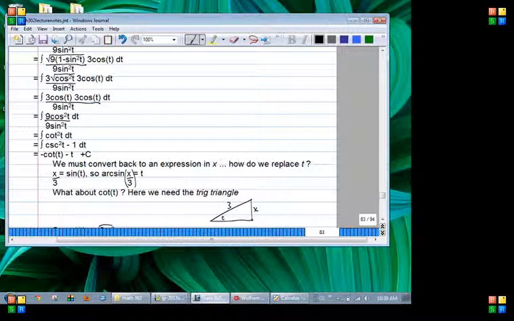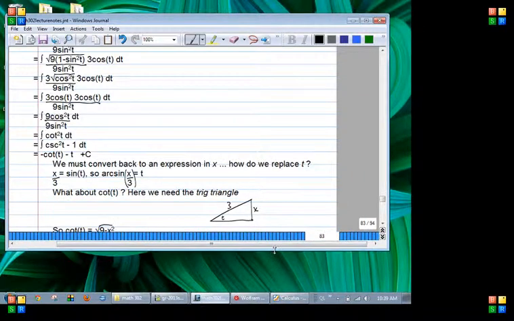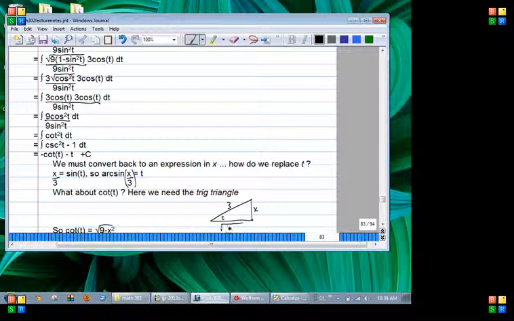And now you can solve for the third side. x squared plus adjacent squared has to be 3 squared. You solve that out, and you get that it has to be the square root of 9 minus x squared. So now we know the 3 sides, and we can say whatever trig function we want.